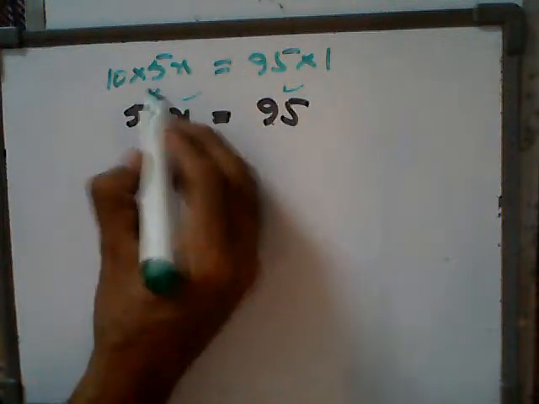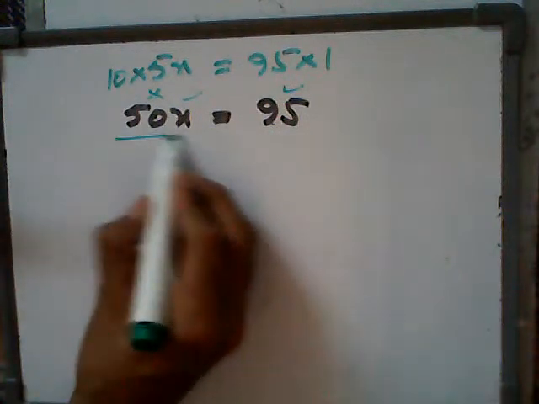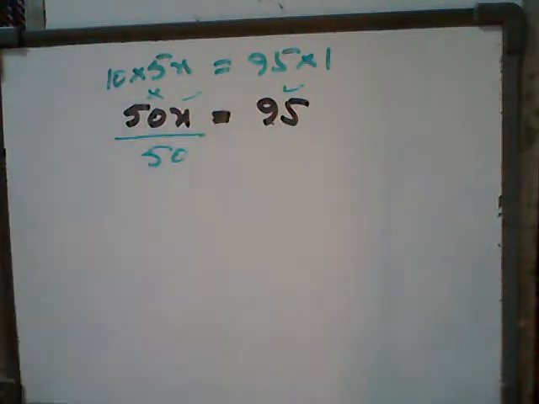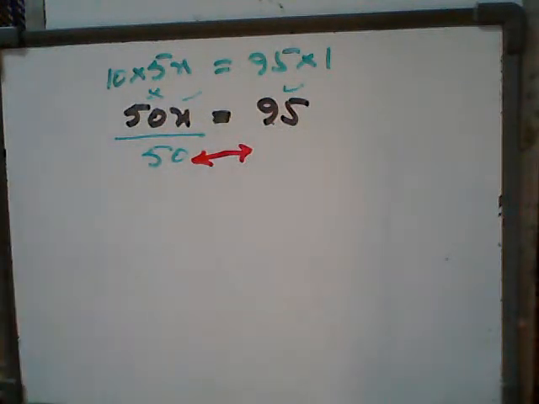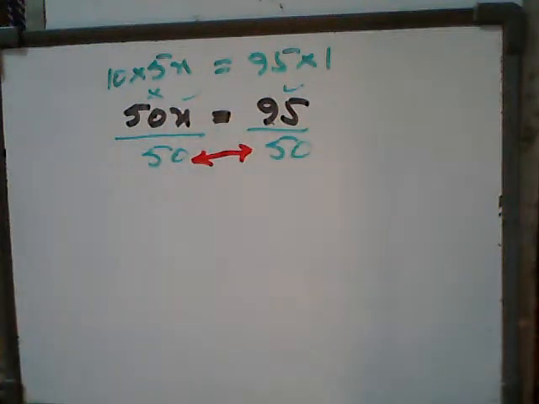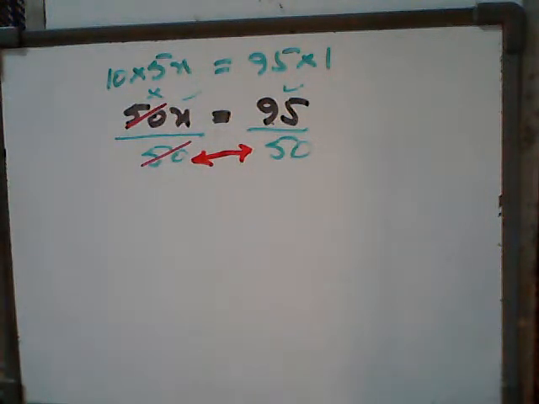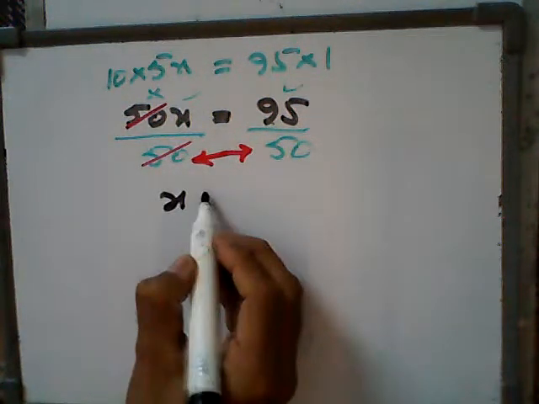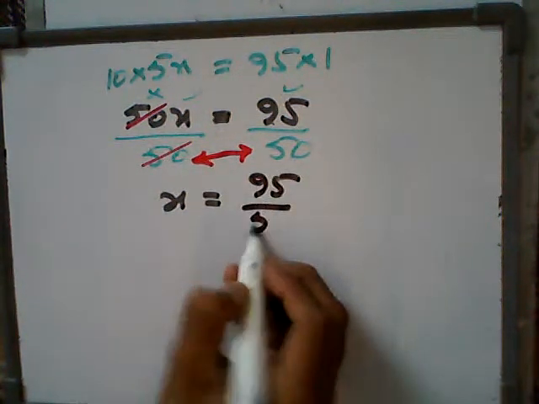We don't need this number here because this is the wrong place, and this is multiplication. So we'll be dividing it by 50, and to keep it balanced, we do the same thing on the other side by dividing by 50. You can see that this cancels, cancel, cancel. So only x is there, and it is equal to 95 over 50.